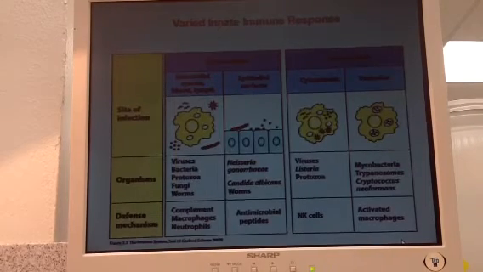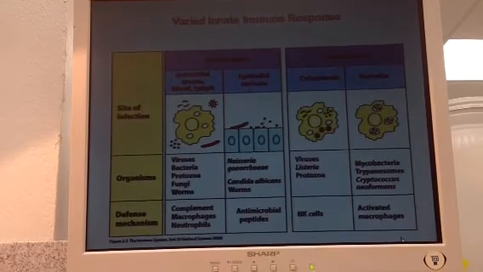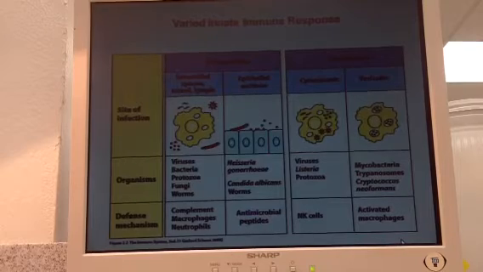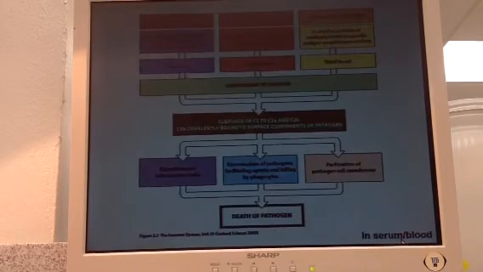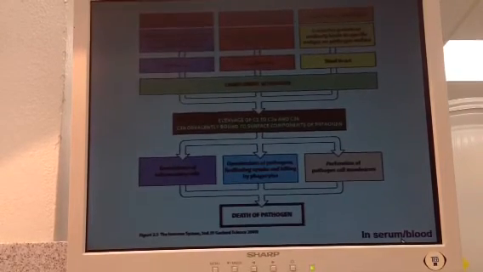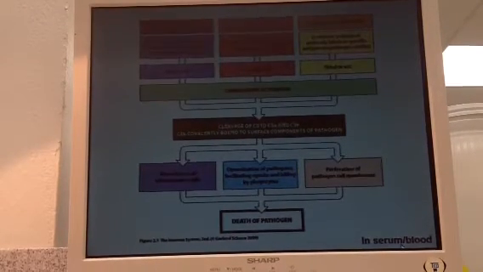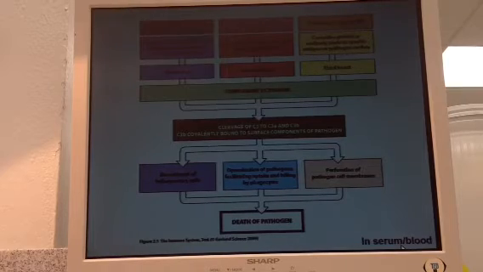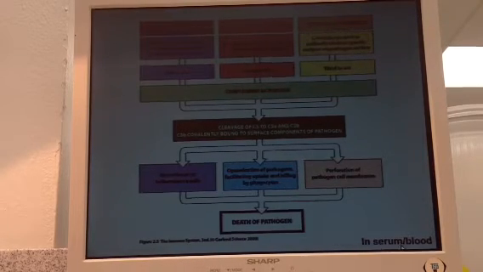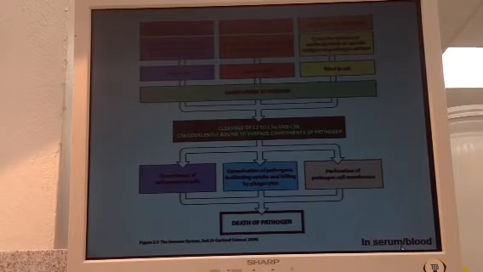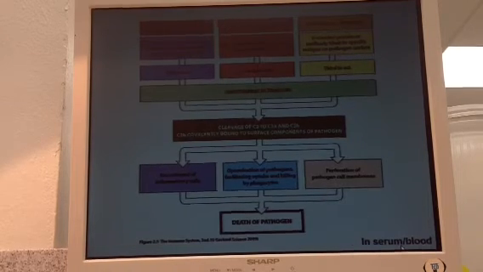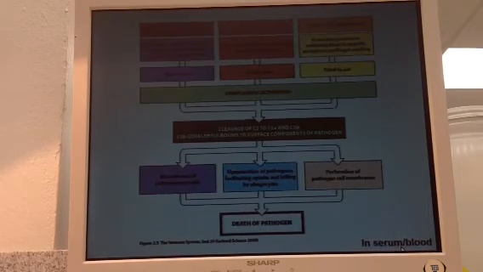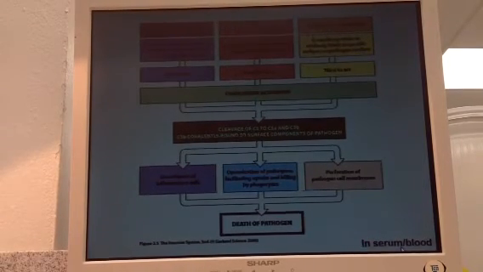We have a variety of innate responses on various areas: intracellular, extracellular, surface, etc. We have the complement system. The complement system bridges the innate immunity and the adaptive immunity. The first processes of the complement system: the alternative pathway, which is stimulated by simply binding microorganisms.